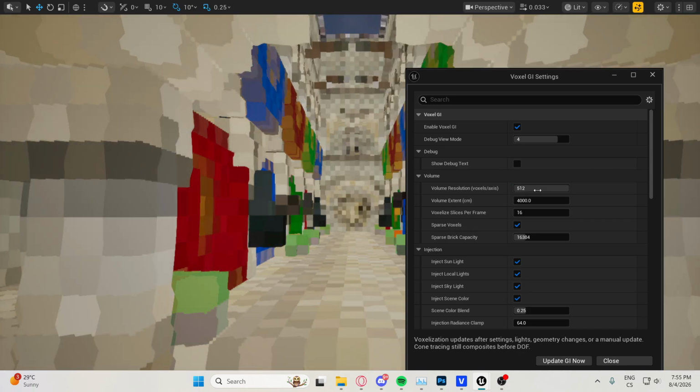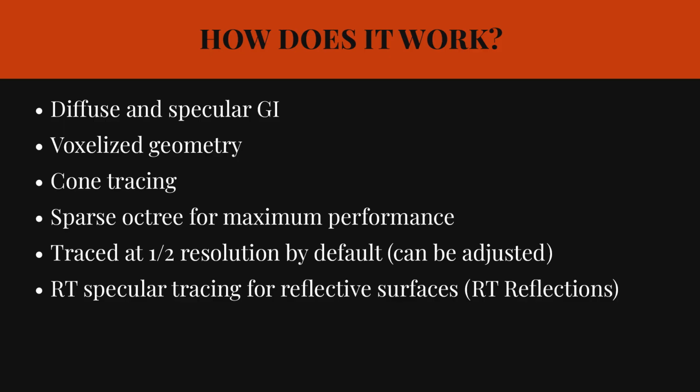Lighting is gathered using cone tracing. This is the technique that gives voxel cone tracing its name. Rather than firing a single, infinitely thin ray per sample, which is noisy and needs heavy denoising to look clean, we trace a cone. As that cone travels through the voxel grid, it widens, and at each step, we sample a correspondingly larger region of voxels, essentially pre-filtering the result as we go.